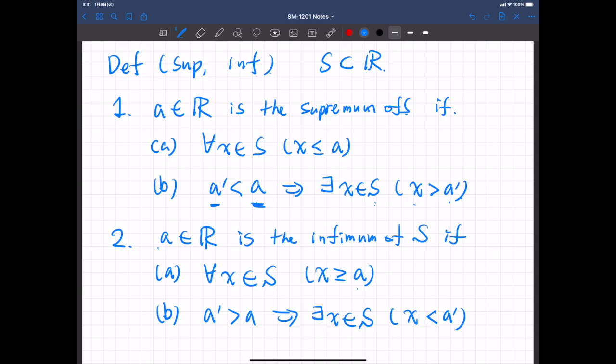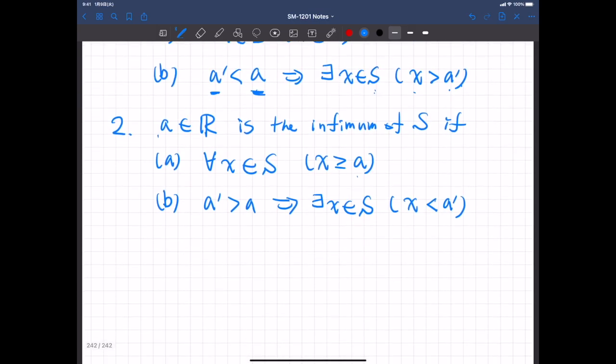So this means if A prime is greater than A, even very slightly, this A prime cannot be a lower bound of S. In other words, this means A is the greatest lower bound of S. So the infimum is defined by these two conditions: it is a lower bound and it is the greatest lower bound.